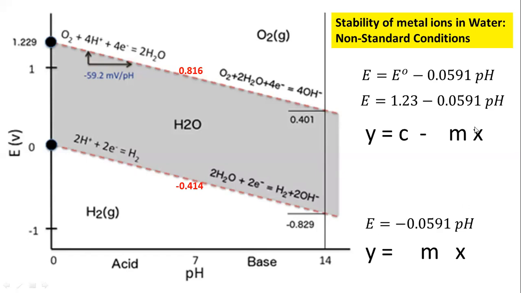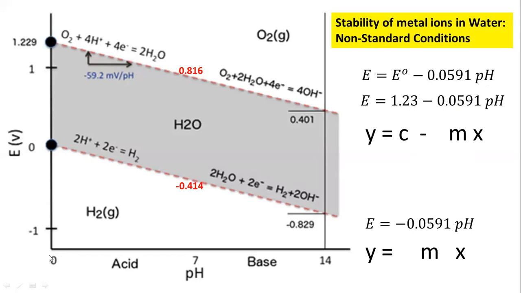The importance over here is you just put the value of the pH, and you can easily get the value of the cell potential. So there is no need to use the Nernst equation by using the hydrogen ion concentration or the hydroxyl ion concentration. That's why we have derived this earlier, and now you can just put the value and get the cell potential.